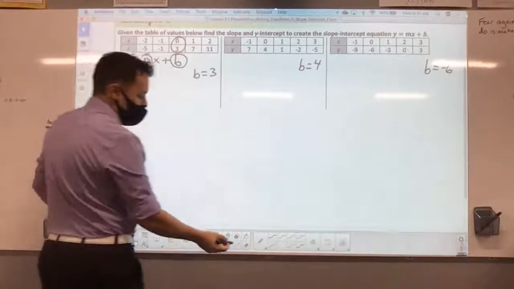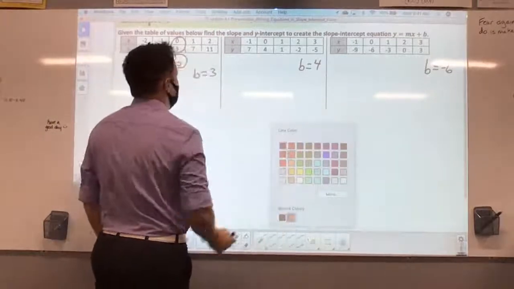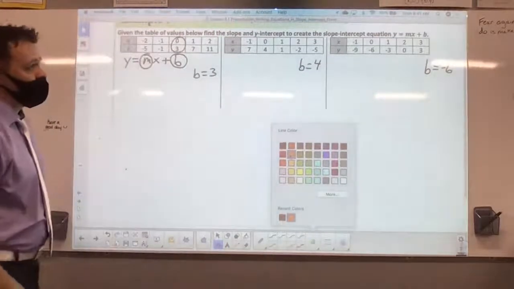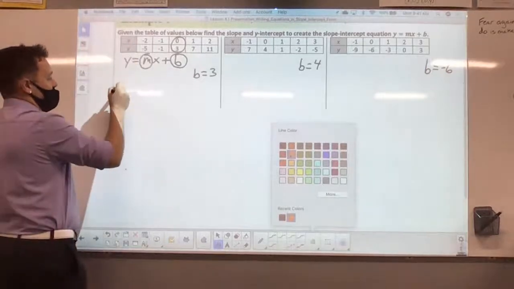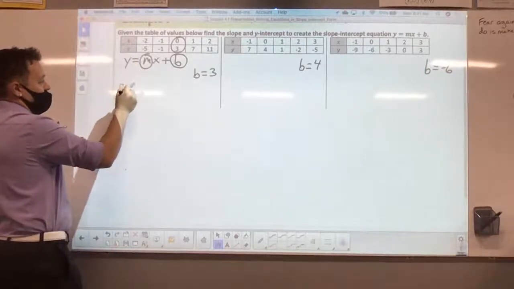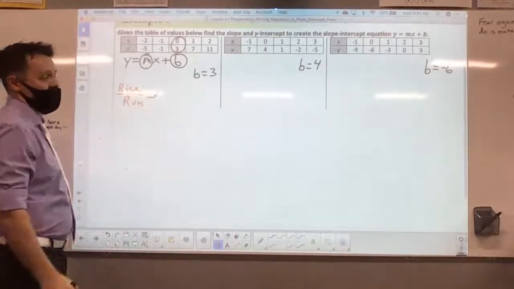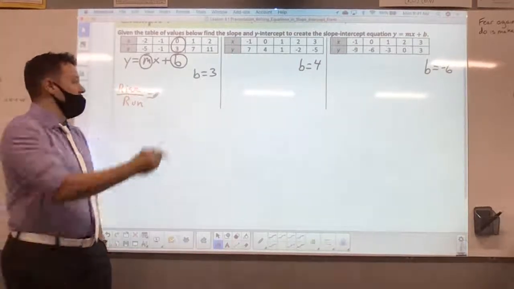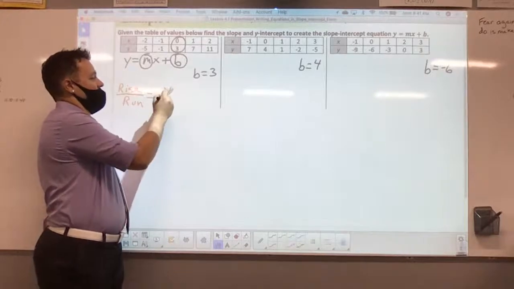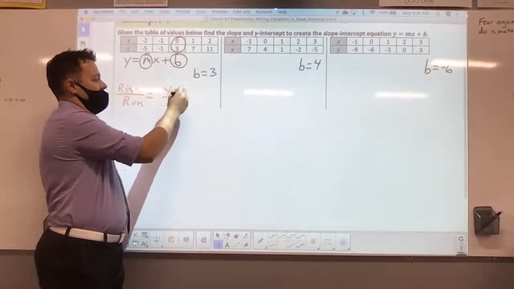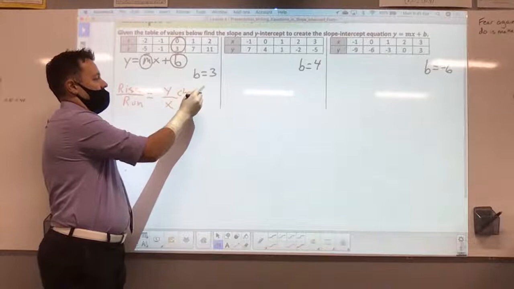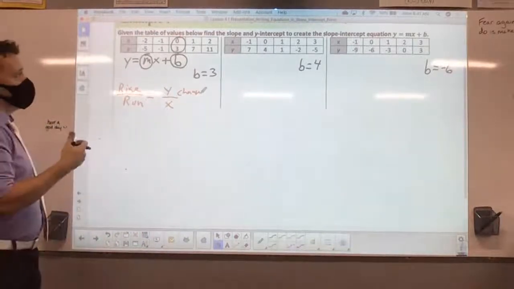All right, now the next piece is the slope. For some of you, this is going to be relatively simple. Look at these slopes. Remember, it's rise over run. The rise always deals with what coordinate, x or y? Y. So it's the change in y over the change in x, right? So what is my change in x?